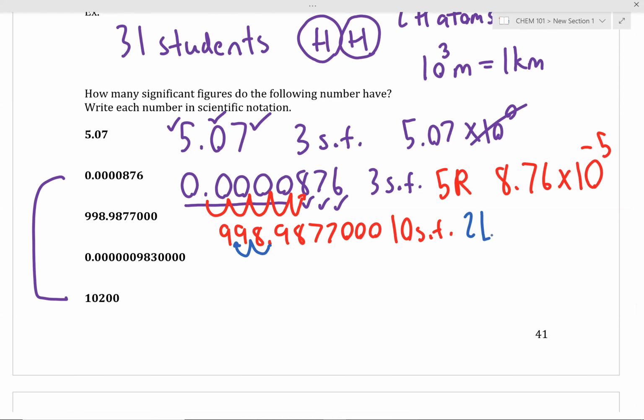Positive. So even though it may be tempting to truncate digits, all of these digits are significant. When you write the number in scientific notation, you retain every single one of your significant digits. So this would be 9.989877000 times 10 to the second.